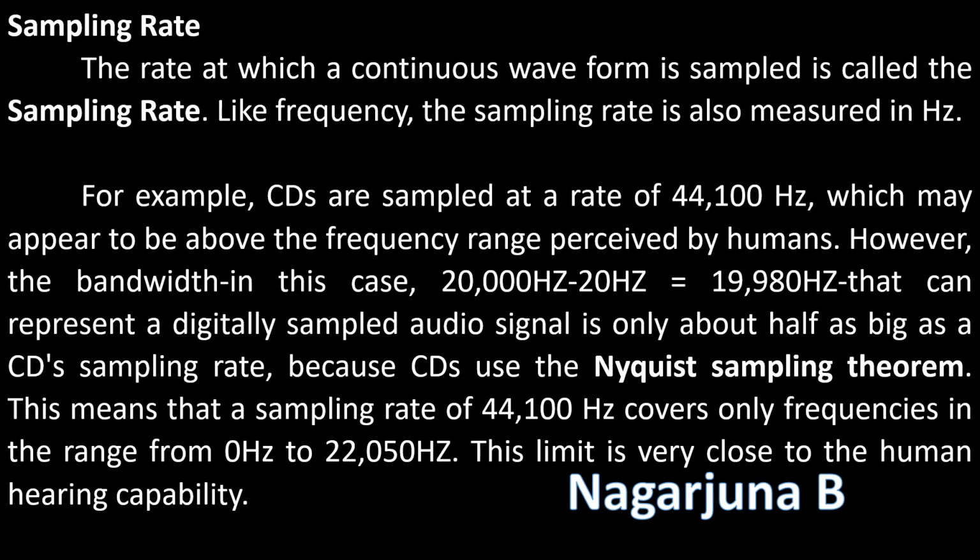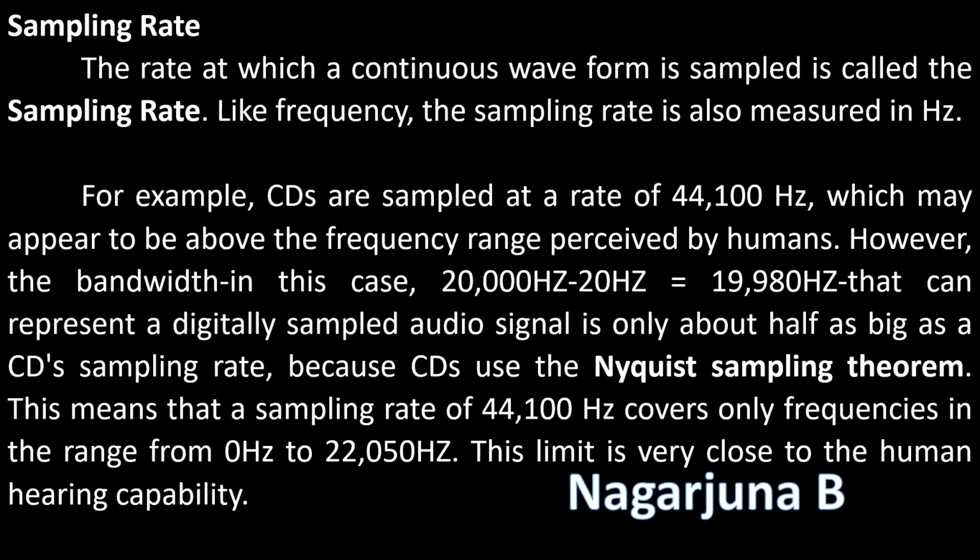And because the CDs use the Nyquist sampling theorem, at the time of sampling, the CD is based upon the Nyquist sampling theorem. Based upon that, the digitalization process will be done. That is, the sampling of a signal will be done.